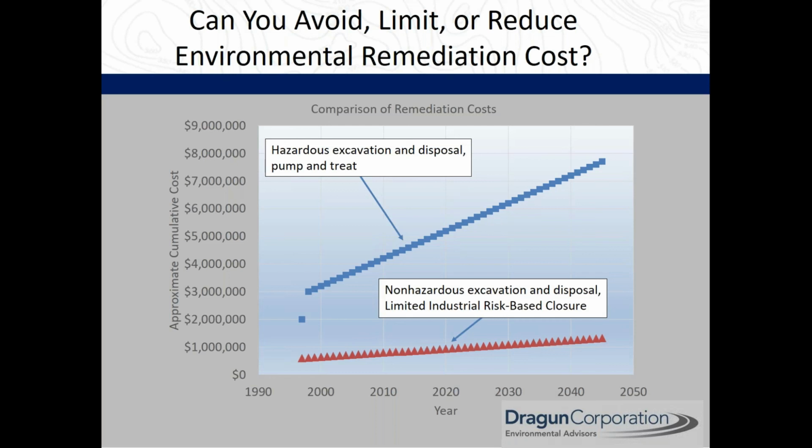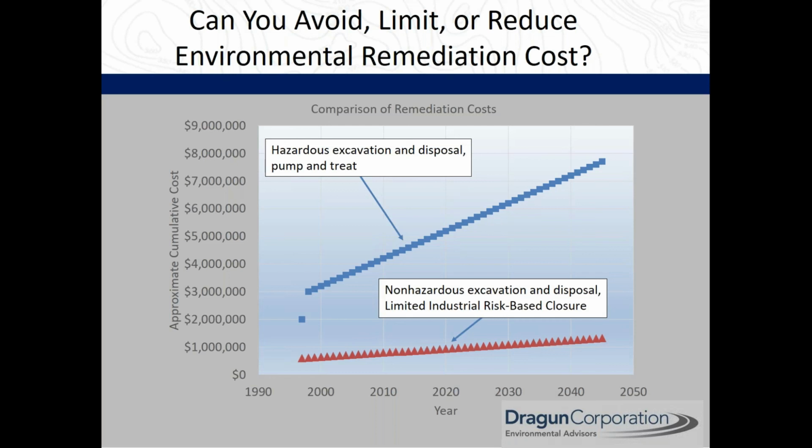And this graph shows from a financial perspective somewhat a reflection of what happened here. And the red line at the bottom reflects again, basically what we did with non-hazardous excavation and disposal, and then using the ecological risk assessment, limited industrial risk-based closure, the numbers.